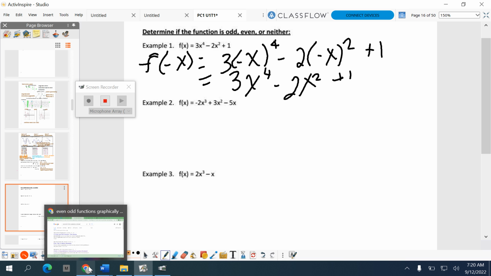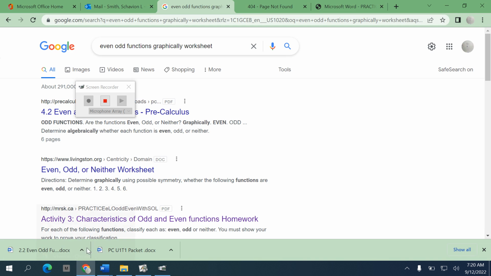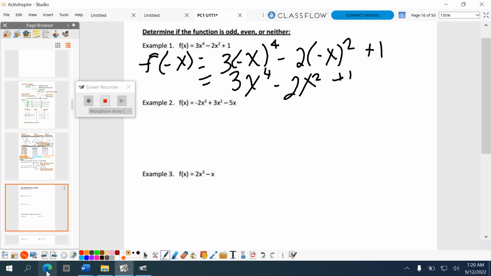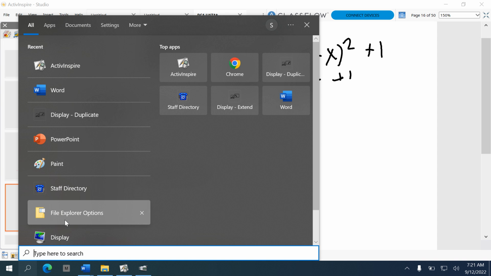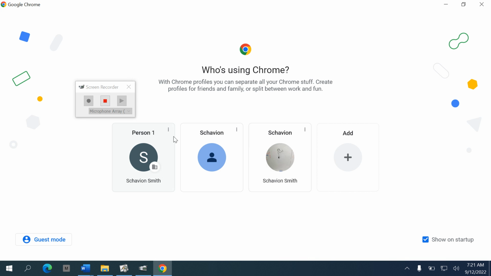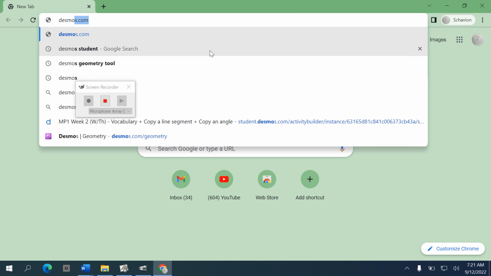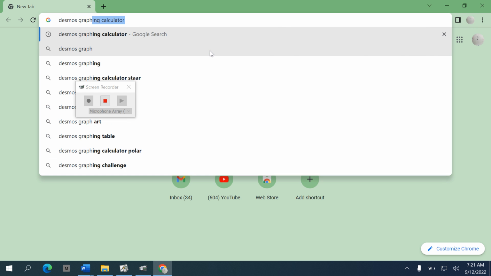All right, so let's look at that graphically. We want to close that window, and go to the graphing calculator here. Let's go to Chrome. It takes a little bit of time, but this works. And this way we can make sure we're doing this correctly. Now I'm checking for symmetry.